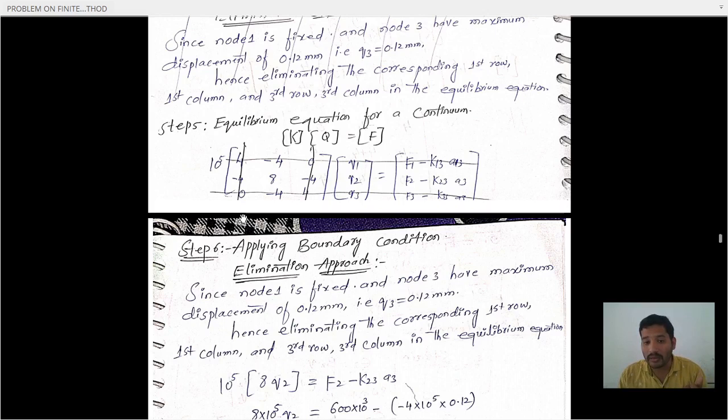So for that reason I am eliminating this value. So we are eliminating the first row, first column, as well as the third row, third column. After that, how much value are we getting? Only 8 Q2, and the right side we get F2 minus K23 A3.